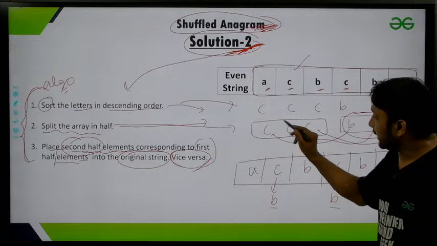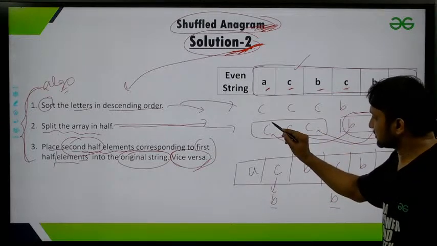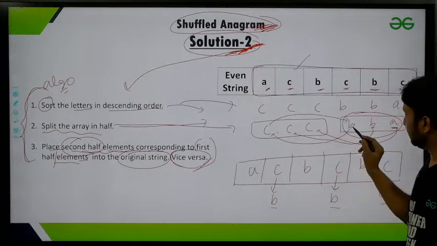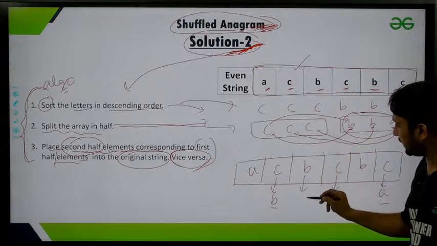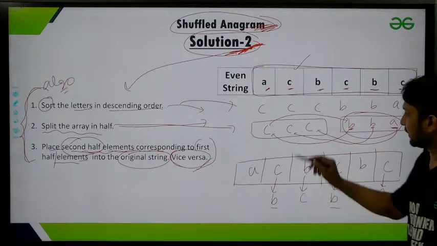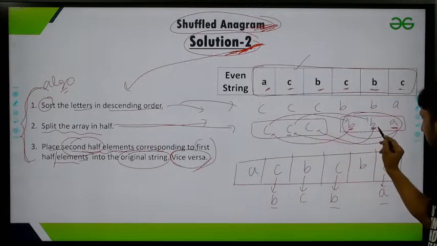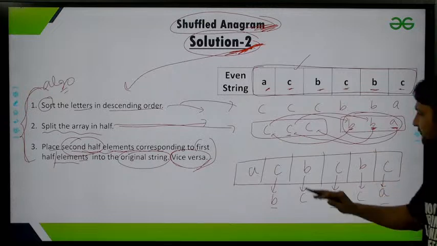Let me put all the elements of the first half also. Same procedure. So this is the first element, and I will put the C below B in my original array. Same step is repeating.